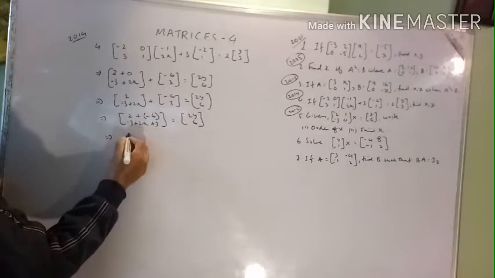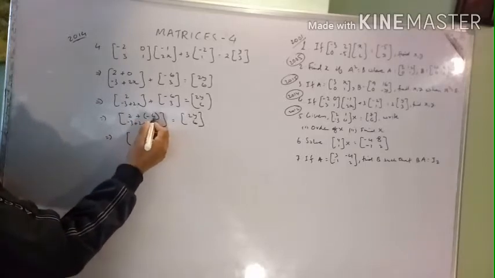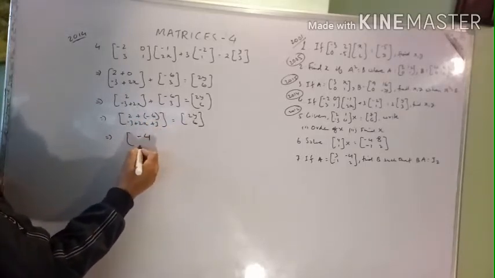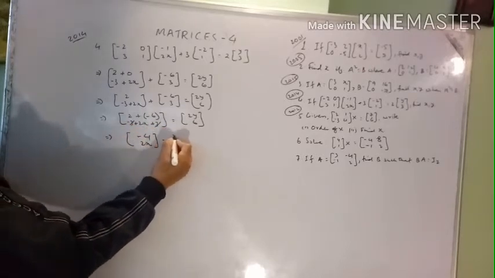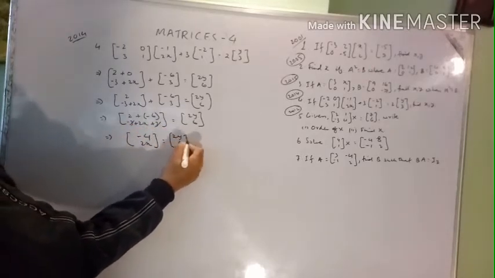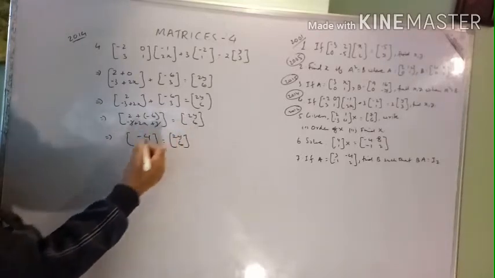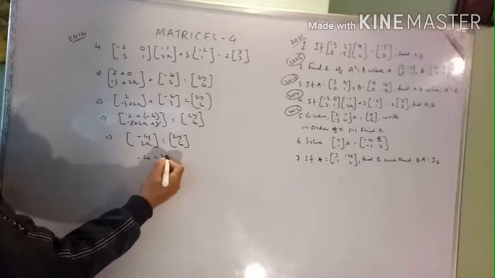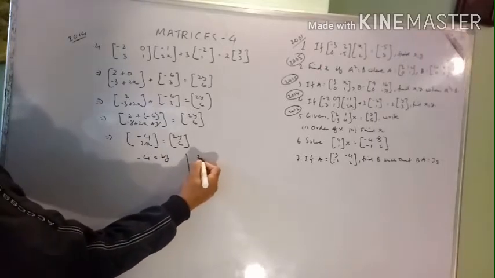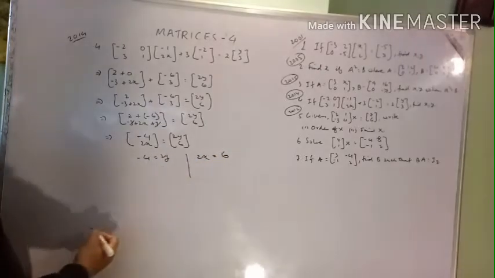So 2 minus 6 will give you minus 4 and the 3s cancel. So you get 2x equal to 2y and 6. So using equality of matrices, you get minus 4 equal to 2y and 2x equal to 6.